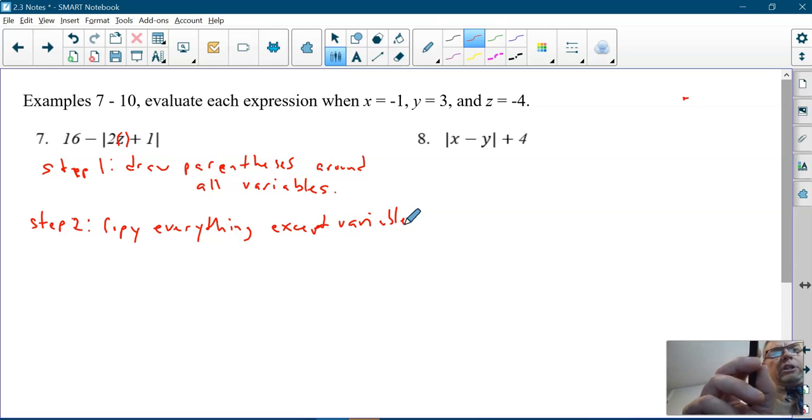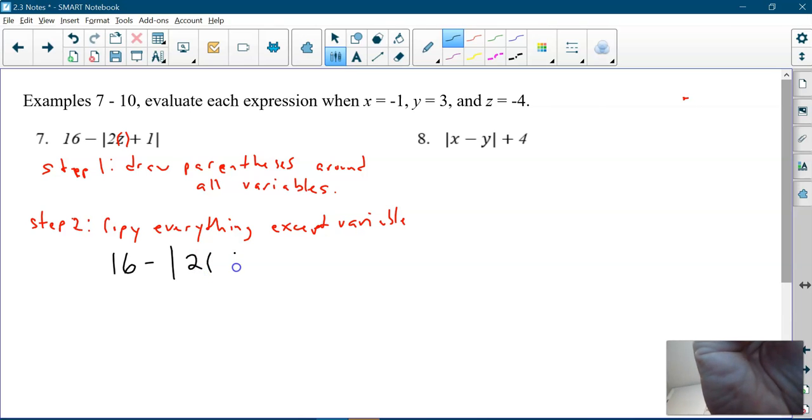But I'm going to do it slowly. So step 2, copy everything except for the variable. This is going to look like 16 minus absolute value of 2 times parentheses plus 1, close absolute value. Not parentheses, absolute value brackets, which behave like parentheses in terms of order of operations. But it is important to remember they are absolute value brackets.